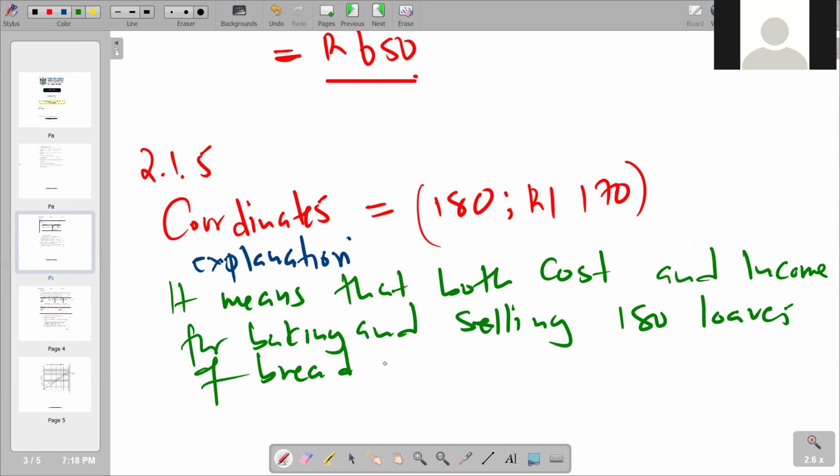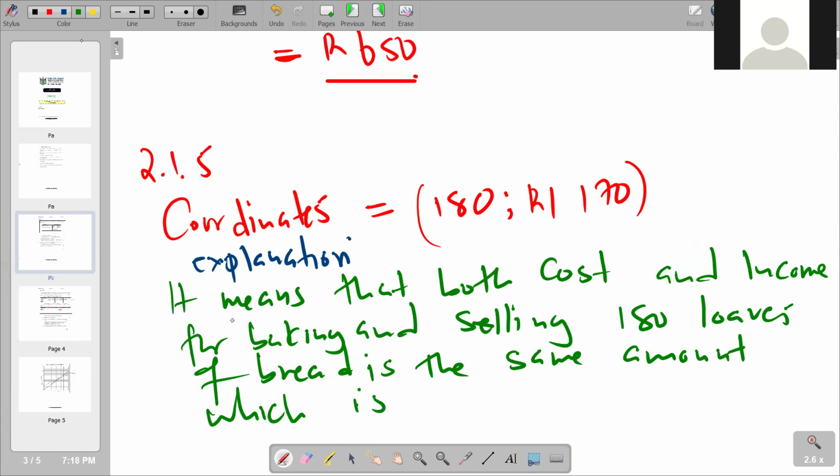It is the same amount, which we've identified as 1,170 rands. So this is the explanation that you're supposed to give on that part. And this is the last part that we have on question 2.